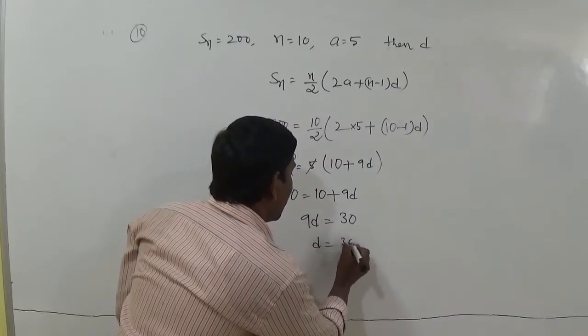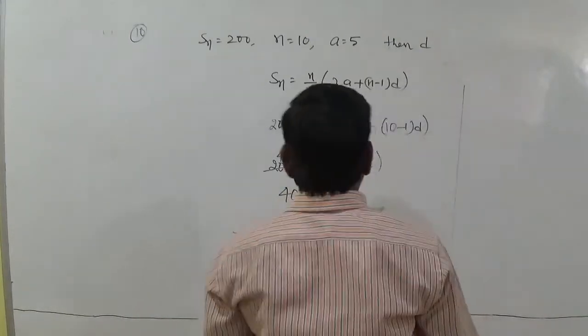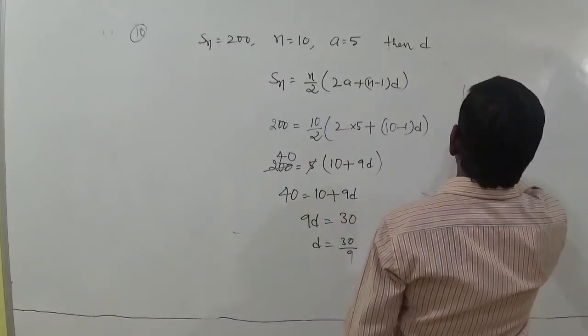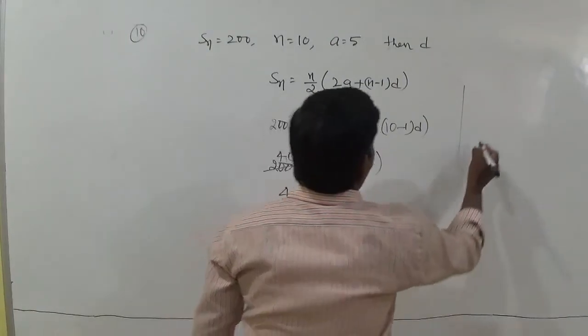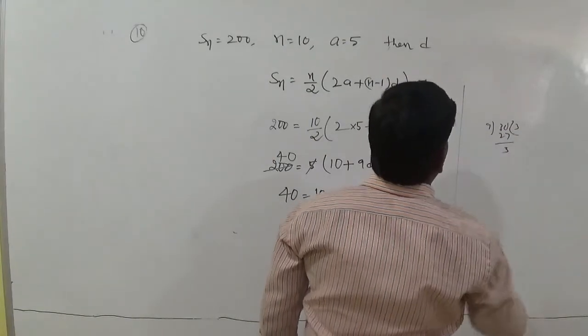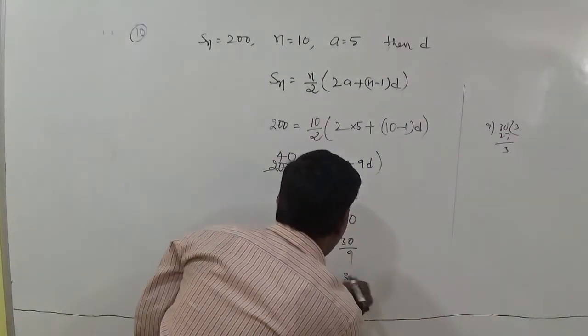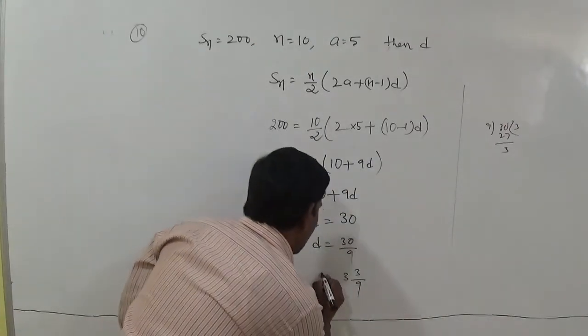Then d equal to 30 by 9. This is an improper fraction, express it in mixed fraction. 3 nines are 27, 3 by 9. So this is the d value.